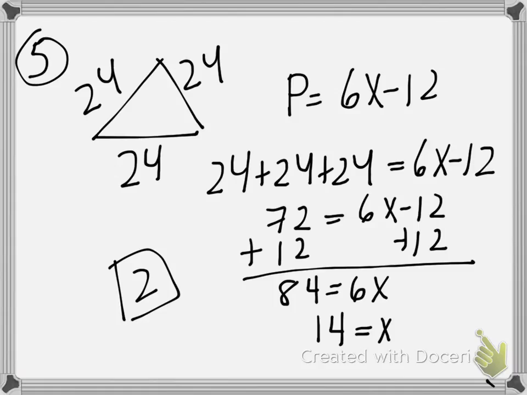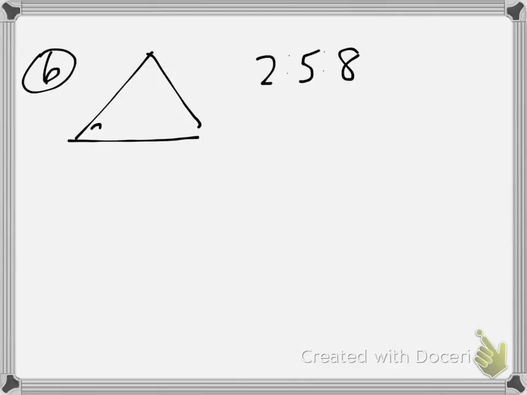Okay, number 6, almost done. Okay, so the measures of the angles of a triangle are in a ratio of 2 to 5 to 8. So we're going to call one angle 2x, one angle 5x, and one angle 8x.